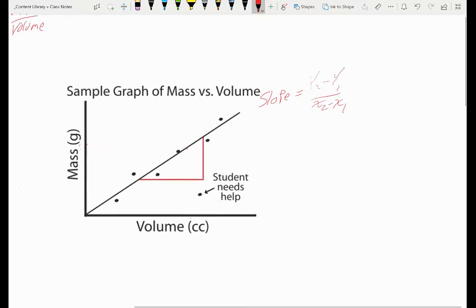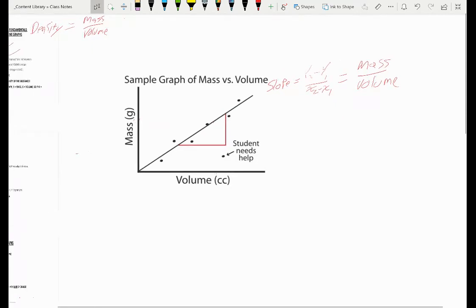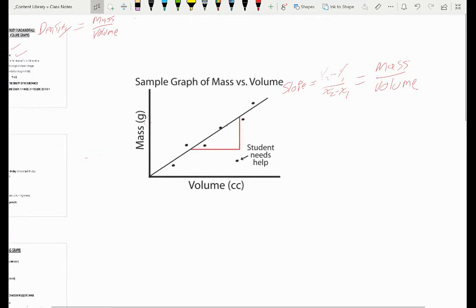So then in this case, y equals which of these two values, mass or volume? The mass. And x is volume. That means the slope of this line is the what? See the connection between those two?